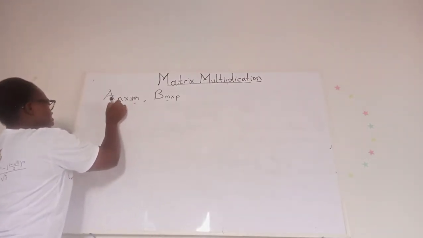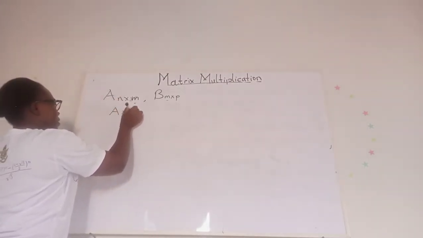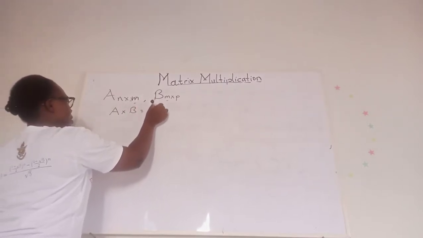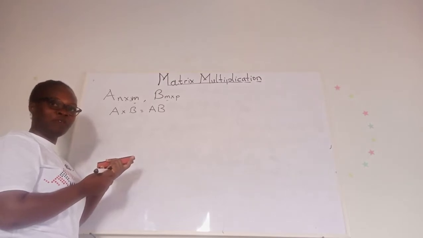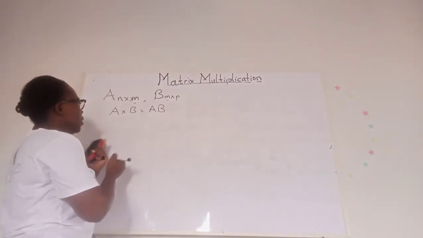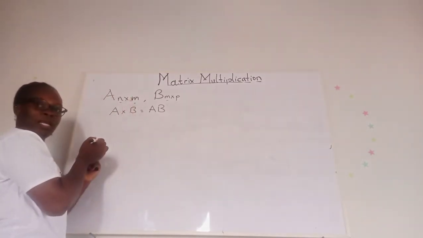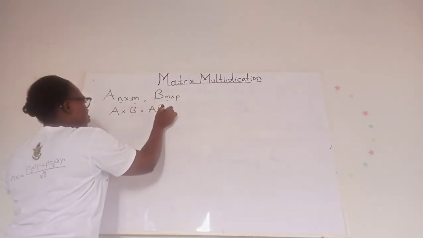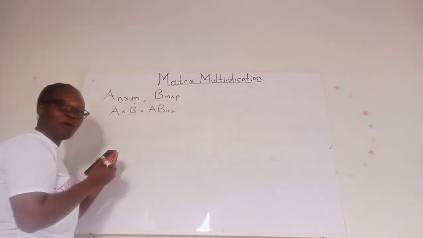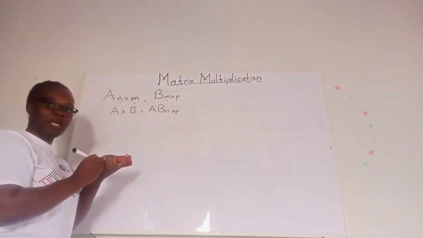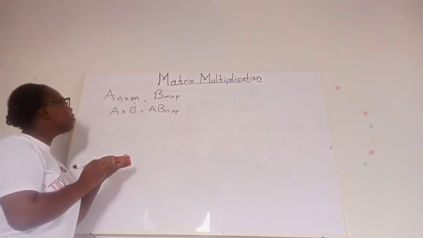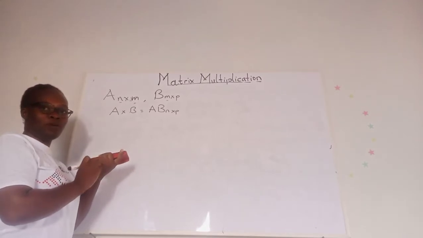So it's possible to multiply A times B, so AB. Then the order of the product matrix is going to be the number of rows in the first matrix, so n, times the number of columns in the second, so n times p. So this becomes the order of the product of the matrices.